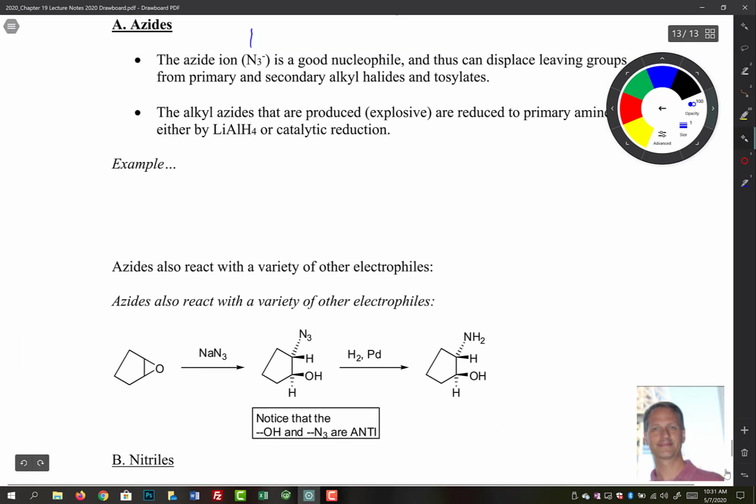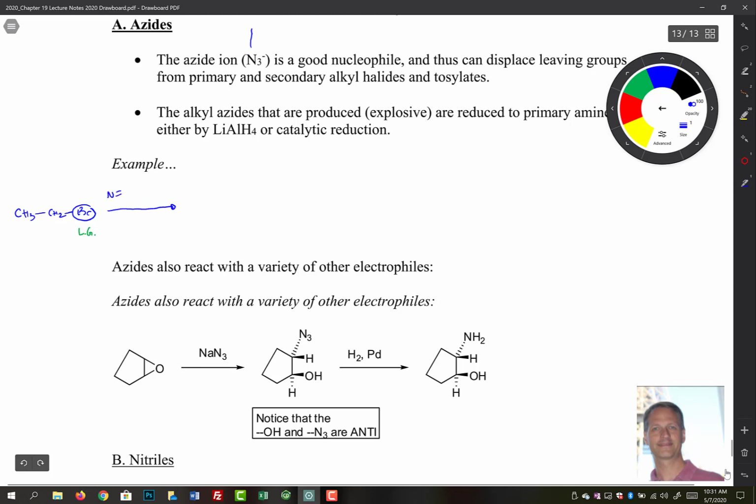So let's take a look at, how about CH3, CH2, again, here, just a leaving group. So that could be a tosylate, it could be other things too. Now to this we will add azide, N3 minus.